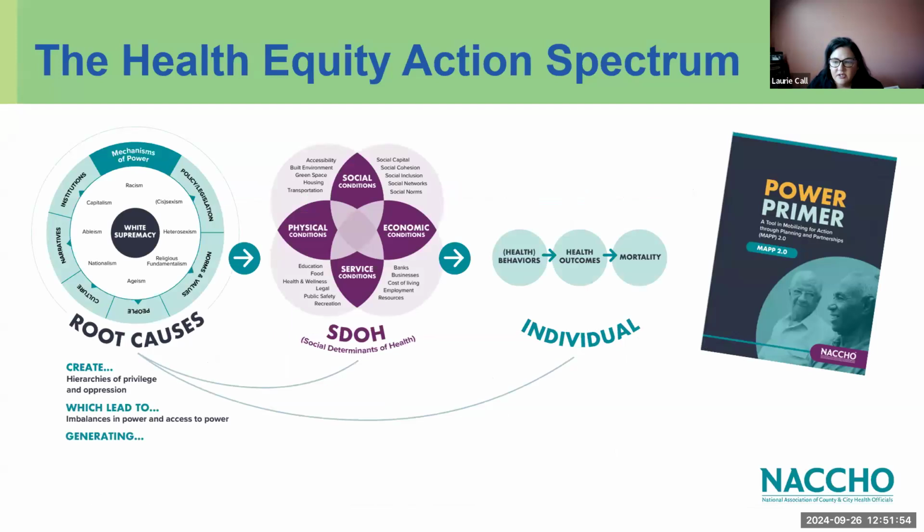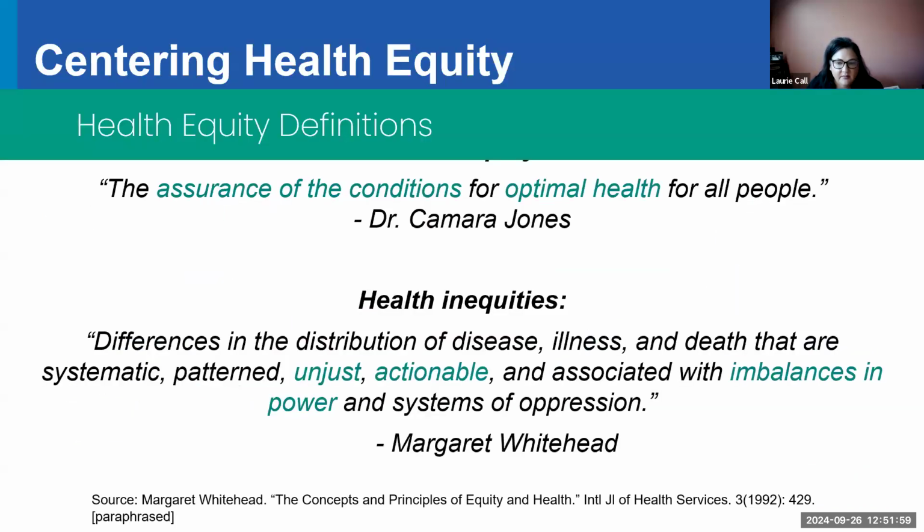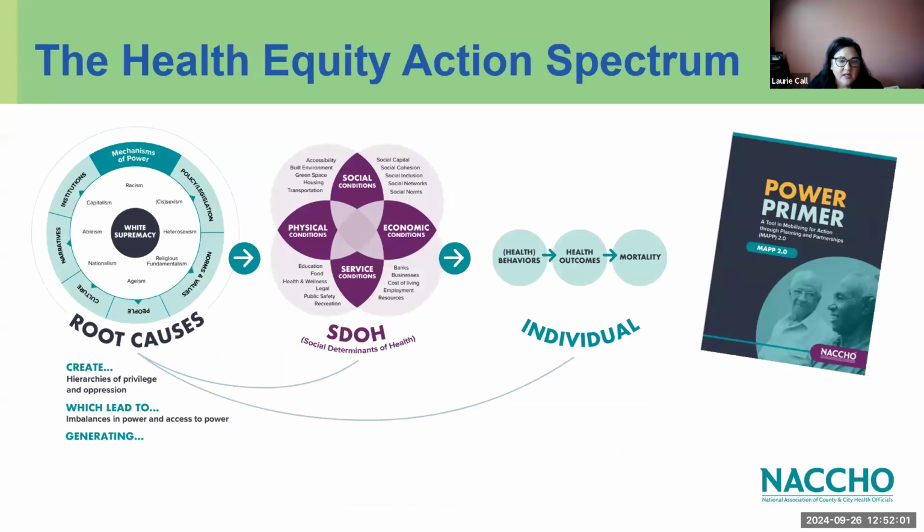I also wanted to mention the health equity action spectrum, which is a tool developed by NACCHO that is integrated throughout MAP as a framework and tool that can be used to help understand how health equity is integrated. To achieve true health equity, communities must address the underlying systems of power, privilege, and oppression that drive inequities, or the root causes of health inequity.